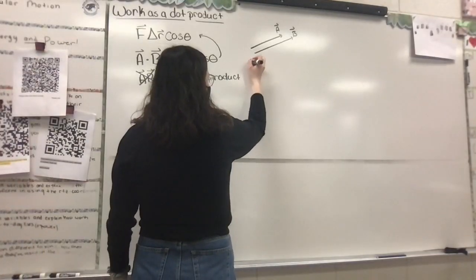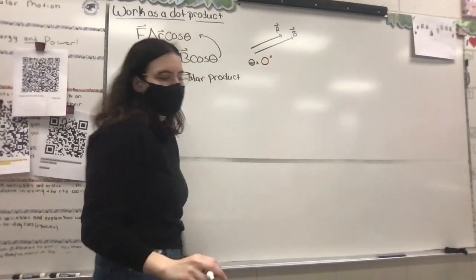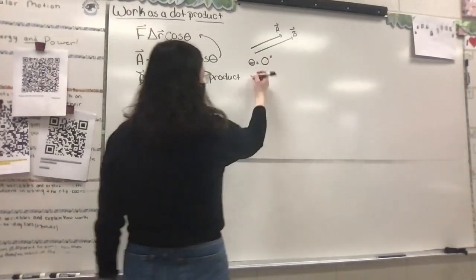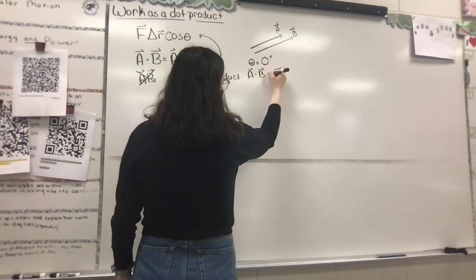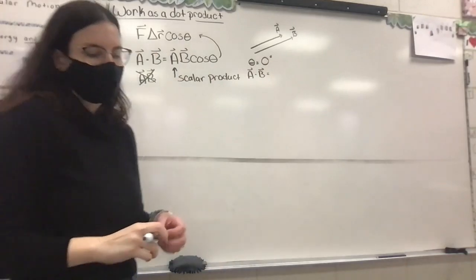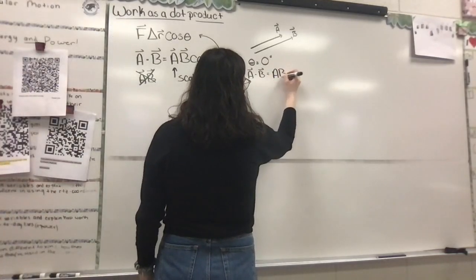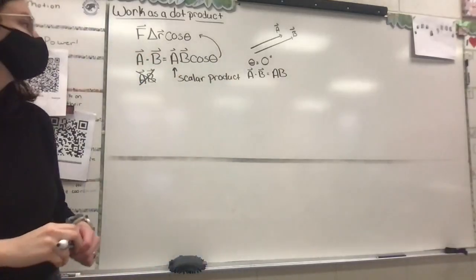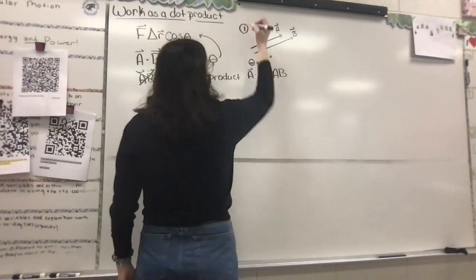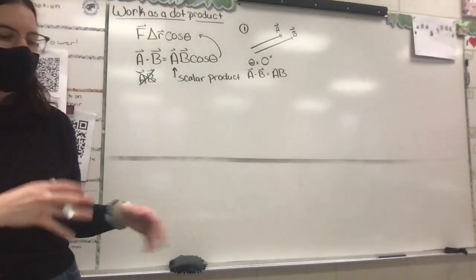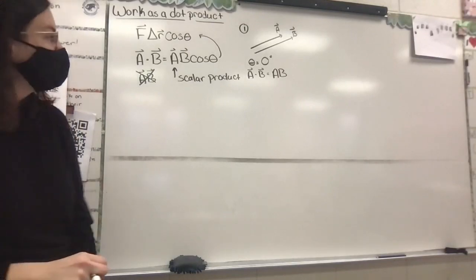What do you think theta is here? Yeah, it's 0 degrees. And when theta is 0 degrees, what do you think the dot product of A and B equals? It's just going to be AB. So we're going to consider this one of the orientations that we're going to be dealing with.